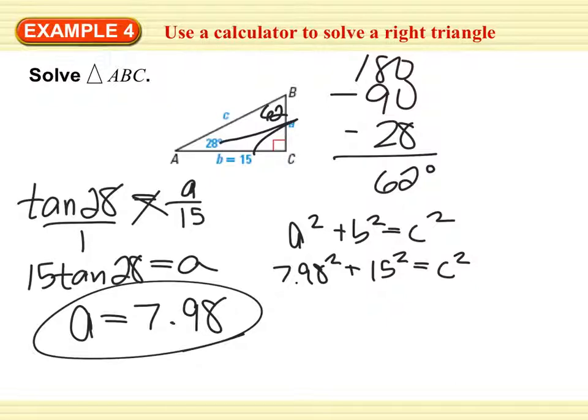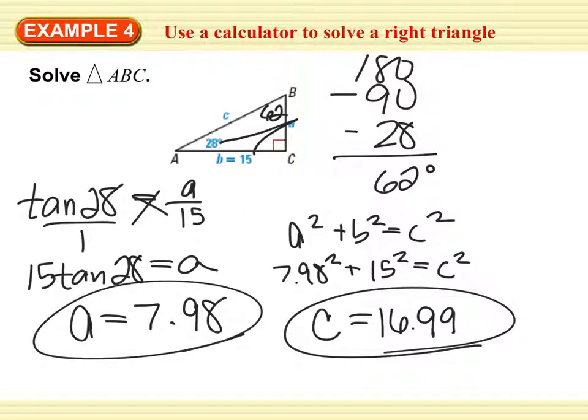Square root my answer. I get c equals 16.99. So I know a, b, c, and all the angles. I've solved it.